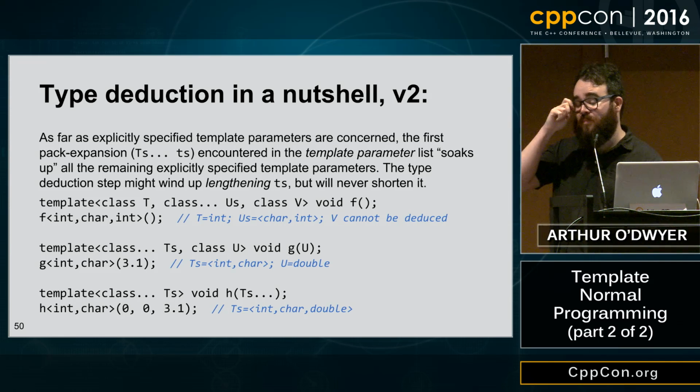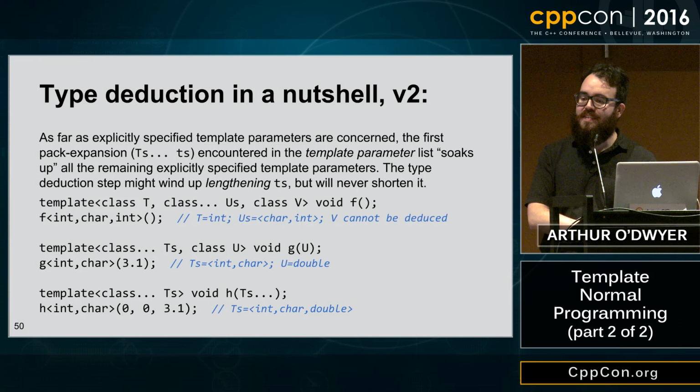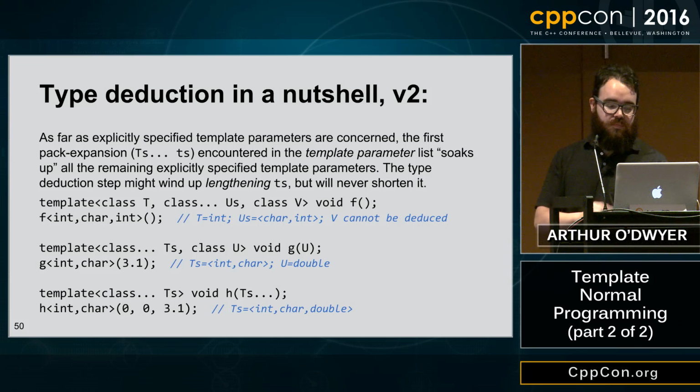In that second example, if you expanded the types out in G there, would it always be the case that whatever you put in as the actual argument would be attached to u? I'm not sure what you mean by expanded out the types. So if I said G int, comma char, comma double, then t's would be int char double, and U would be derived, and it would probably complain about the number of parameters that you passed.